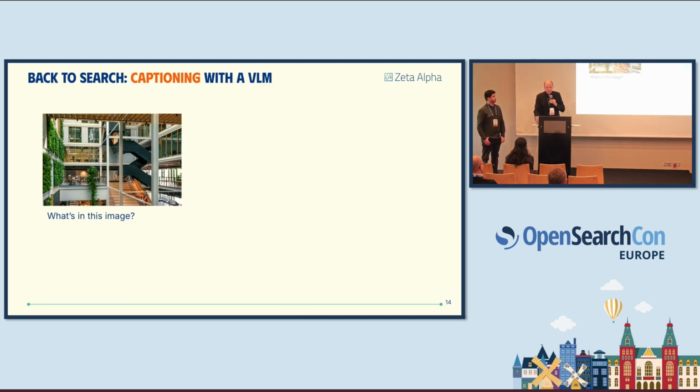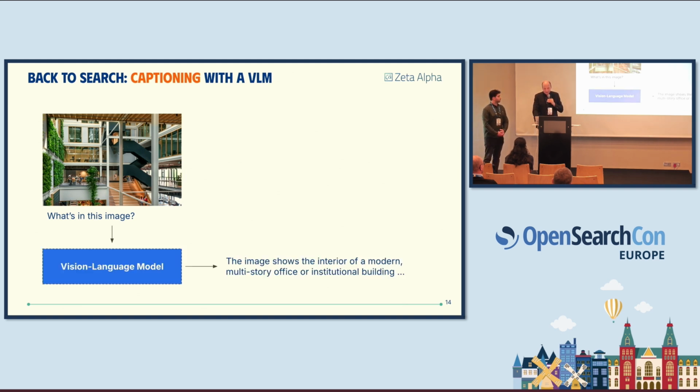So the first approach to actually use these vision language models to allow us to search for images is very simple. We can take the image and prompt the model to describe the content of the image, which is an approach that we call captioning. So we can get a simple description of this image.